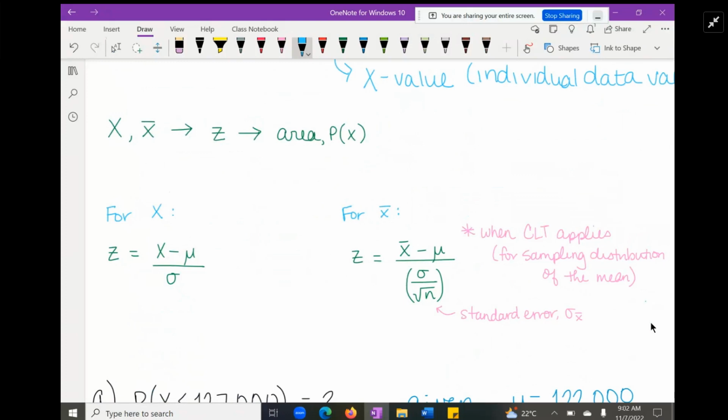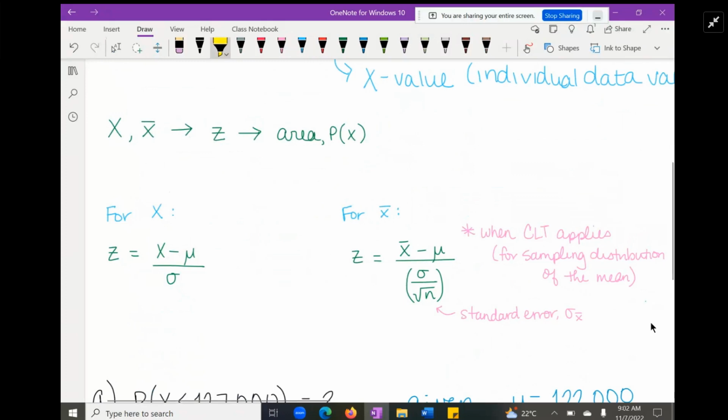But when we're dealing with an X bar value, and they're talking about what is the probability that a sample mean of this value from a sample of this size, the formula is going to look a little bit different.